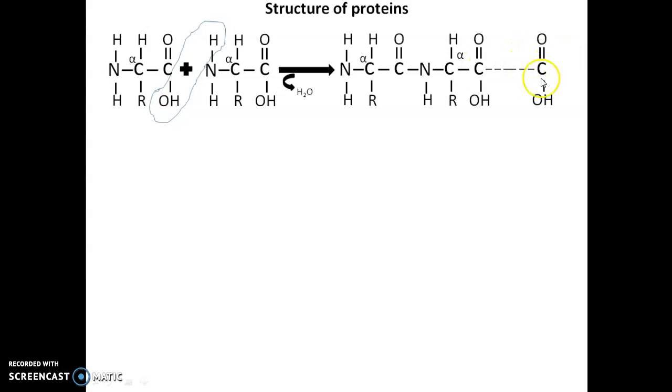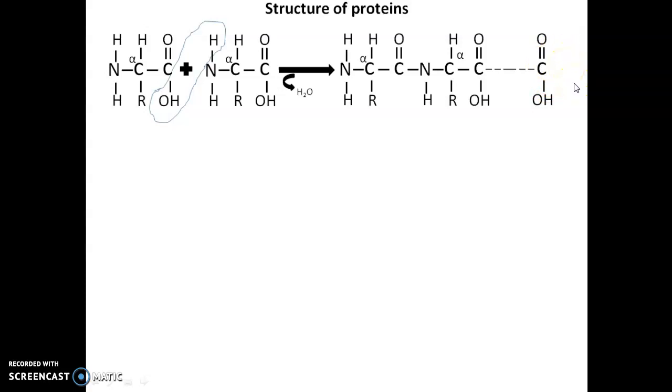And in the same way, if other amino acids also link to each other in a series, this gives rise to the formation of a long polypeptide chain with the amino terminus at the left side with a free amino group, and the carboxyl terminus at the other end with a free carboxyl group.